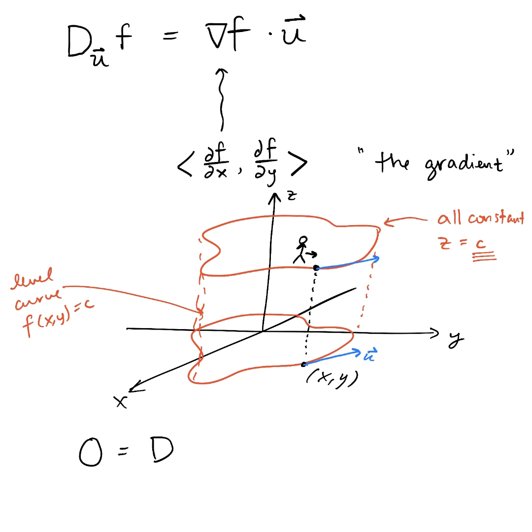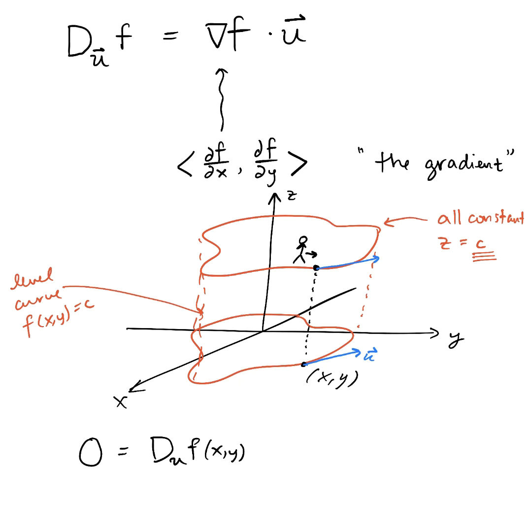The slope in the direction of that vector u of our function, whose graph we don't see, and only whose single level curve is depicted in that diagram, specifically at the point x comma y, is 0 because that trail is flat.